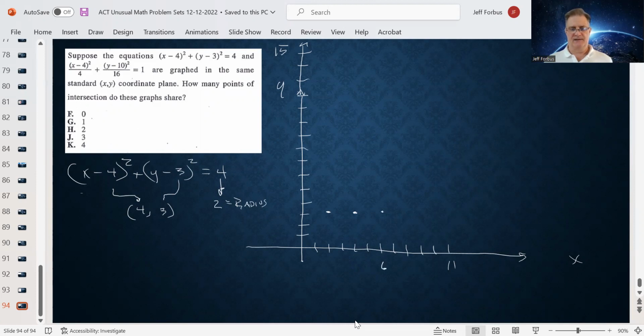So that's a 6, and that's a 2. So if we're at 3, we subtract 2, we come down to 1. And if we're at a 3 and we add 2, we come up to 5. So there are some points I can aim to draw my circle.